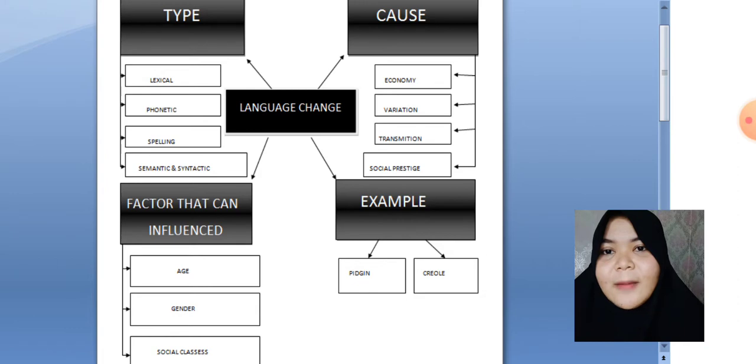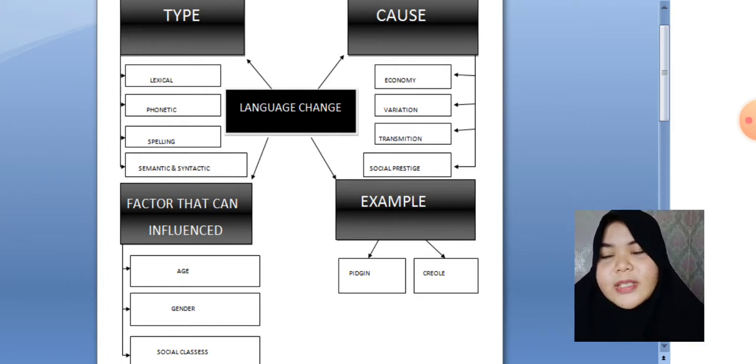It is the process of making a new formula or a new variation or new type of language that happens because of some action such as revising or eliminating or decreasing or improving or changing the element of the language, such as lexical element or semantic element or syntactic element.